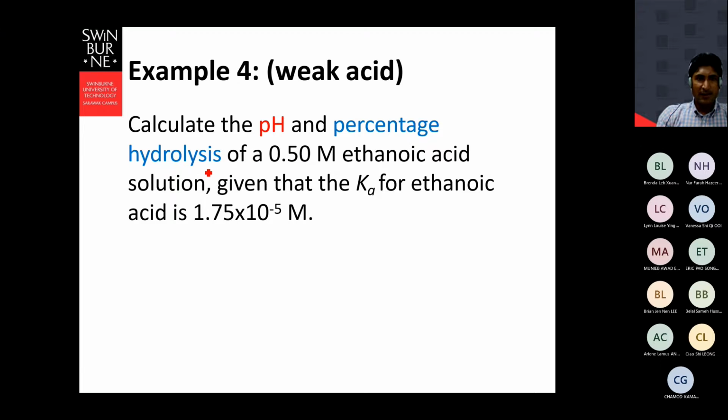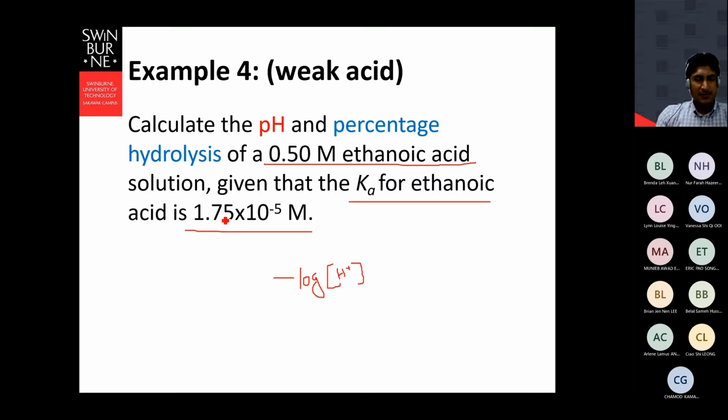Now the question gives a 0.5 molar ethanoic acid solution, and the Ka of the ethanoic acid is given, 1.75 times 10 to the negative 5 molar. We have to find the pH of the solution. pH is the negative log of the hydrogen ion concentration, or H3O plus, same thing.